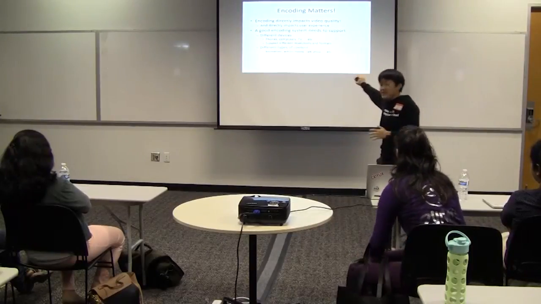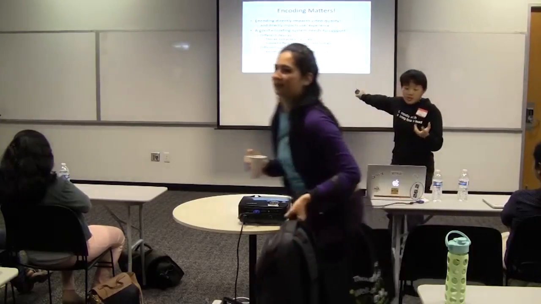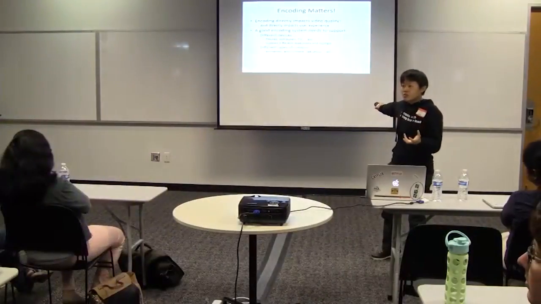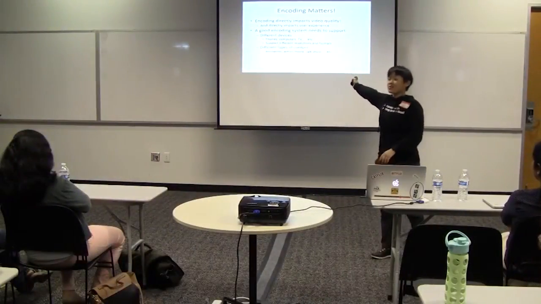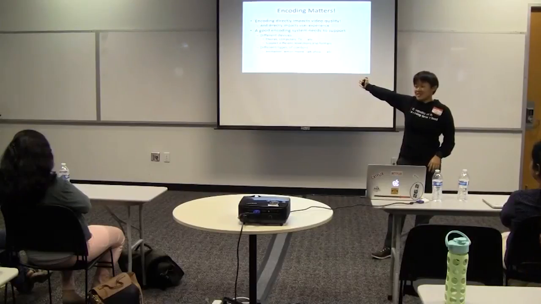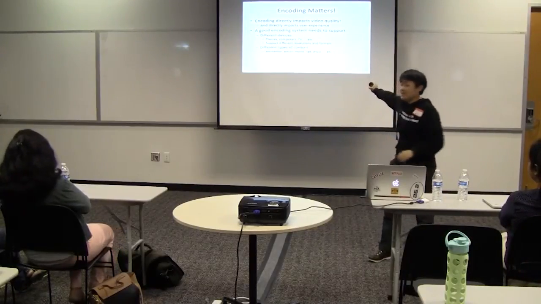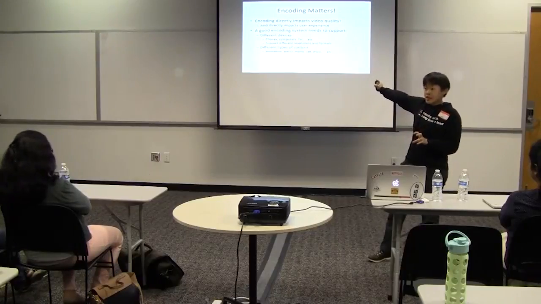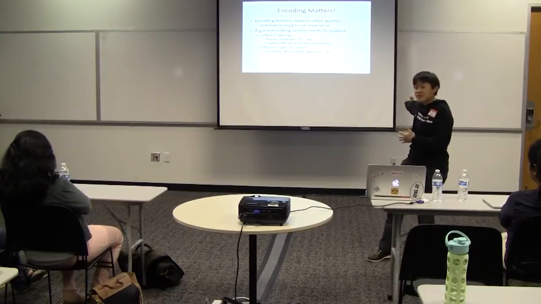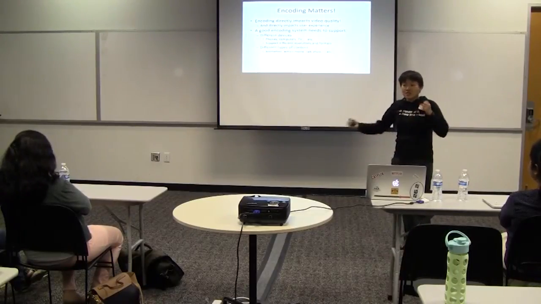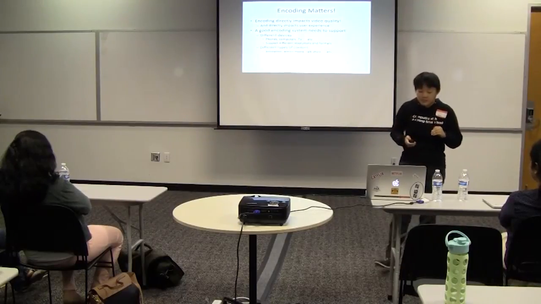Why are they different in terms of how encoding needs to support them? Well, the color range in animation is different from a real life show, right? The scene complexity in an action movie is different from a talk show. So a good encoding system needs to take all of those into consideration.